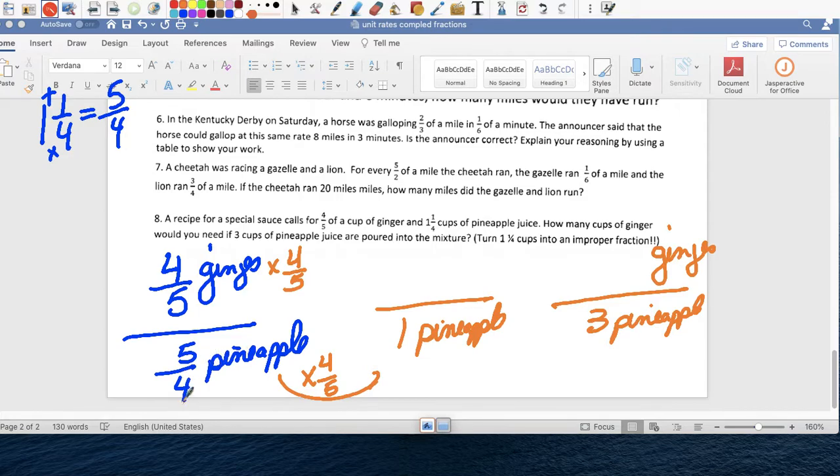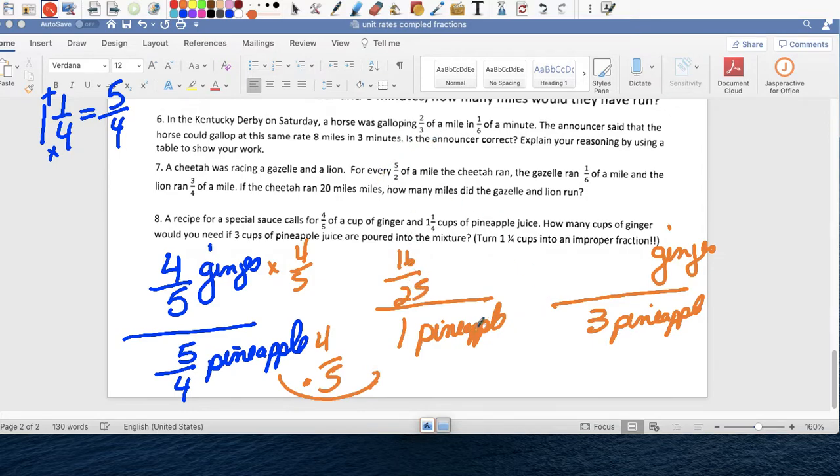So 5/4 times 4/5 equals 1, and then 4/5 times 4/5 is 16/25. Okay, sorry. Oops. Did I do something wrong? No. Yeah, I did. It's not 4/5. No, it is 4/5. What am I doing? 4/5, 4/5, 16/25. That's correct.